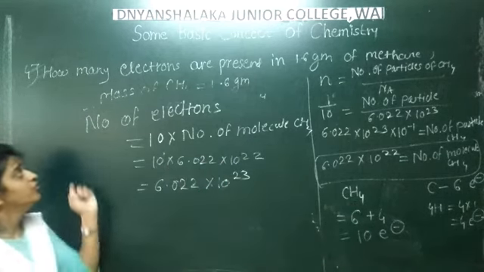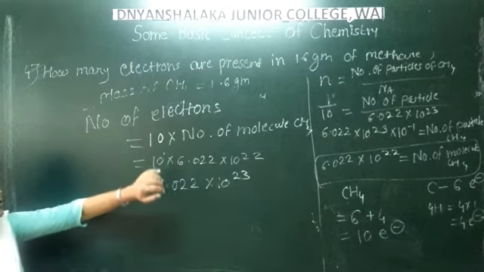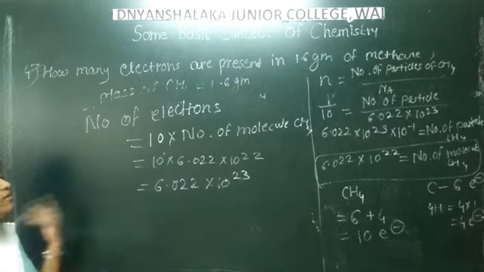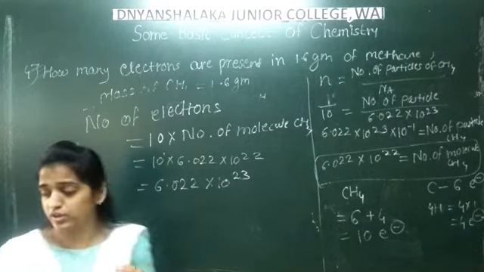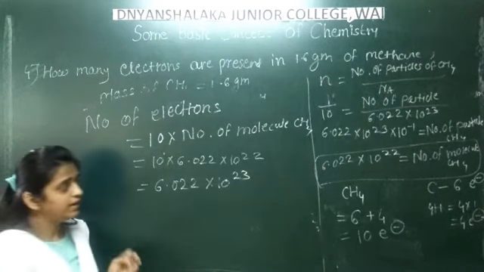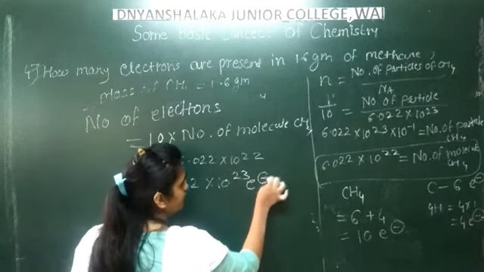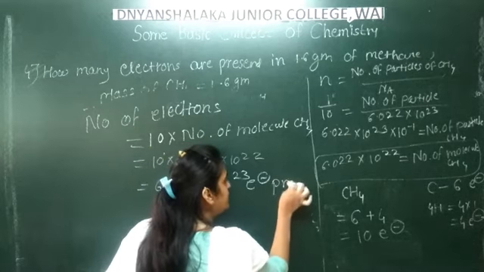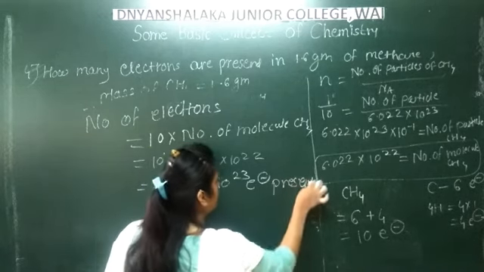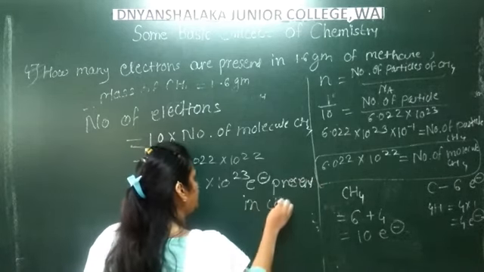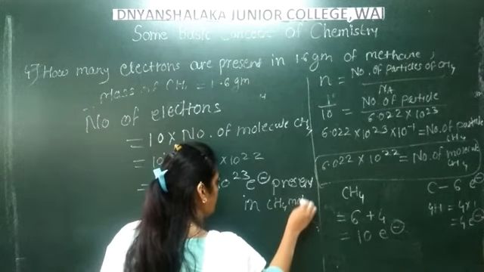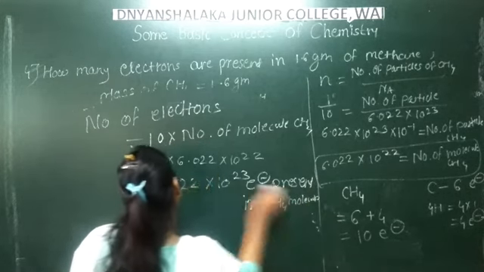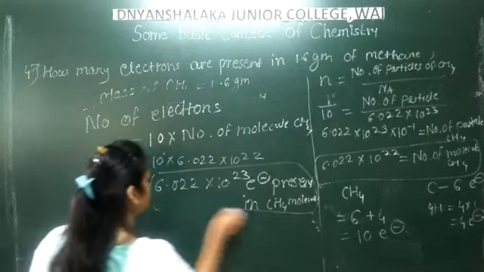So the number of electrons is 10 into the number of molecules of methane, and we get 6.022 into 10 raised to 23 electrons, where e minus denotes electrons present in the CH4 molecule or compound. So this is our final answer.